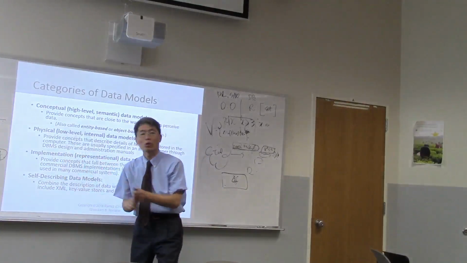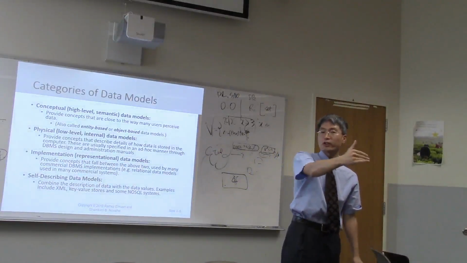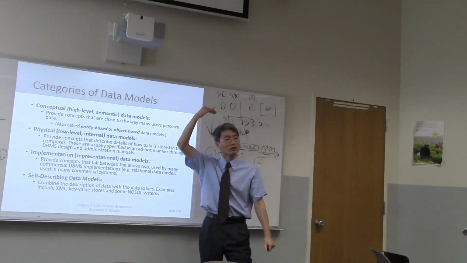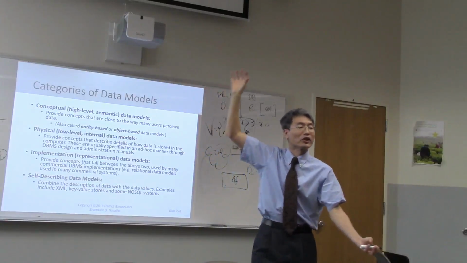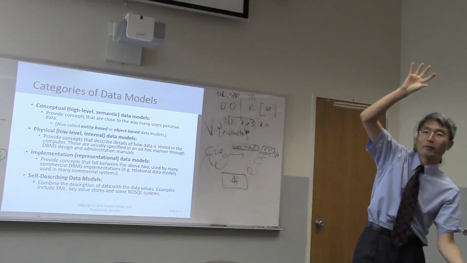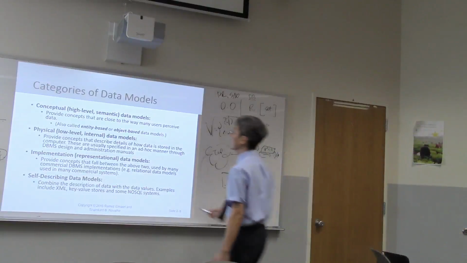It's low level because we are getting close to the computer machine. Machine is usually called low level. Instead, high level means user friendly, like high-level language and low-level language. High-level language is C or Java or .NET, and low-level language is machine language, assembly language. So that's the reason it's called low level, internal.